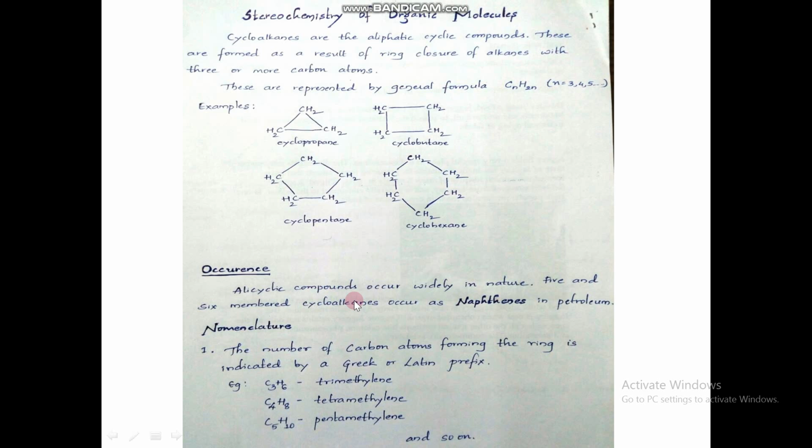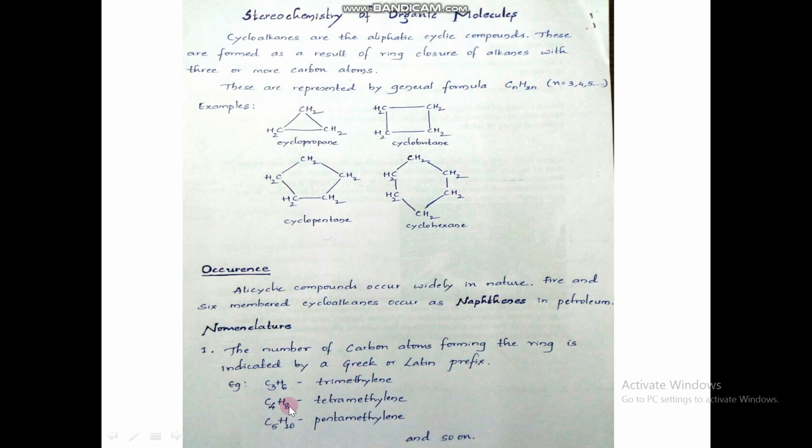Next part is nomenclature. In the common name, the number of carbon atoms forming the ring is indicated by a Greek or Latin prefix. For C3H6, the number of carbon atoms is 3, so the prefix added gives trimethylene.